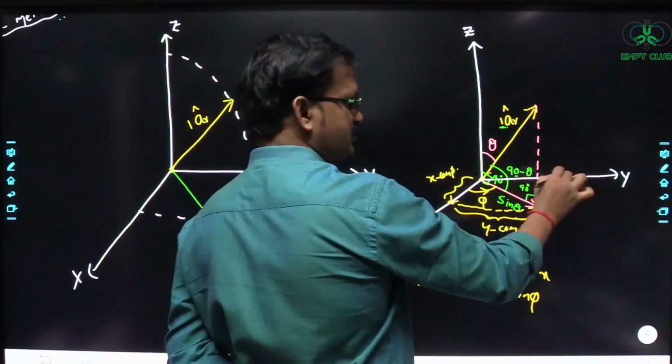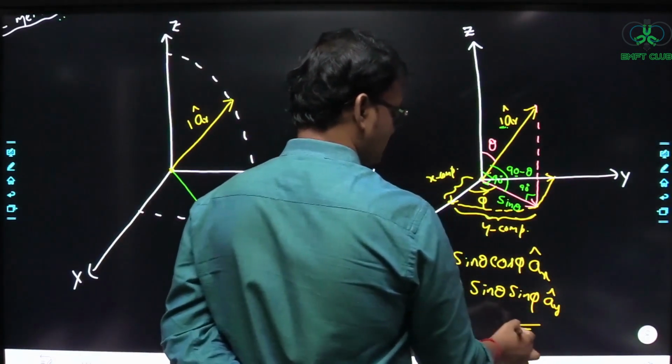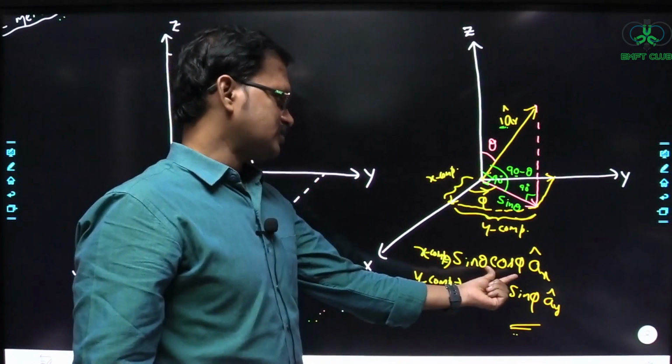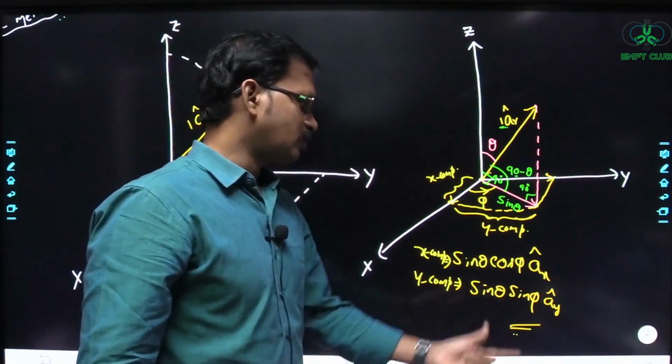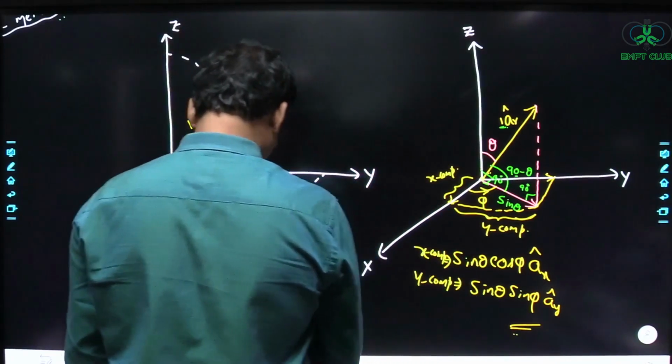It is along the ay cap direction, so sine theta sine phi ay cap. So this is the x component of sine theta, and this is the y component of sine theta.